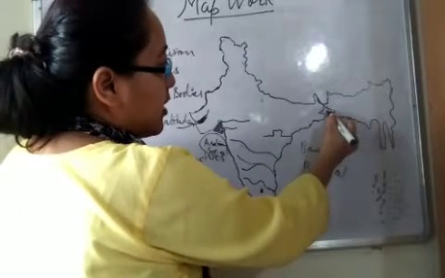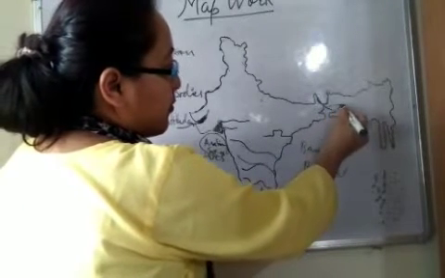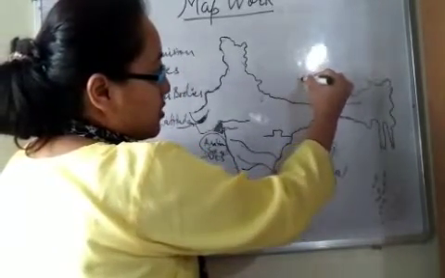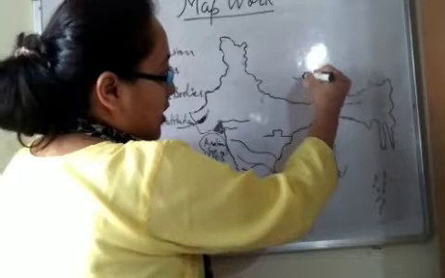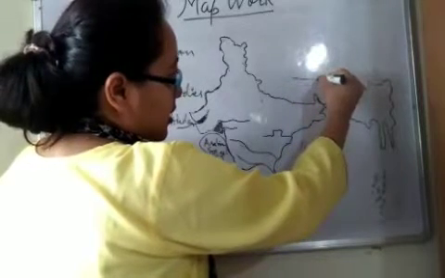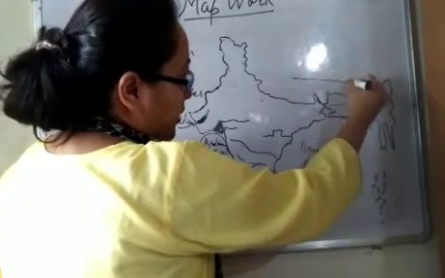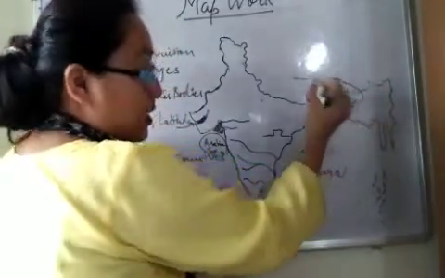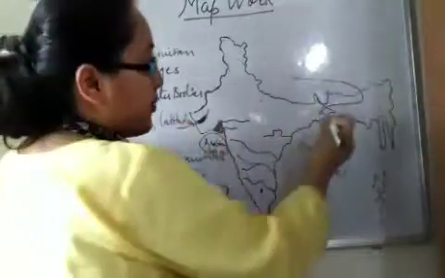Here we have Brahmaputra. This Brahmaputra originates from here, where we have Tsangpo. This river, when it enters India, becomes Brahmaputra, right?